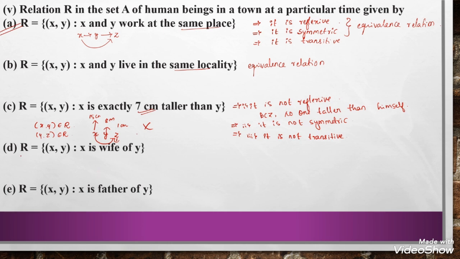Now, let us consider question number D. The relation R such that (x, y) such that x is a wife of y. Now we will consider the conditions one by one. The reflexive condition. According to the definition of reflexive, x is wife of himself or herself is not possible. x is a wife of y.